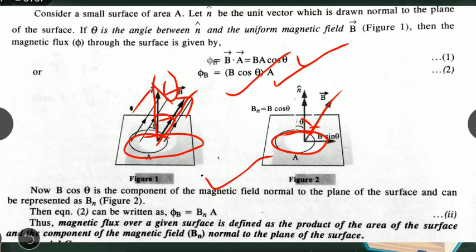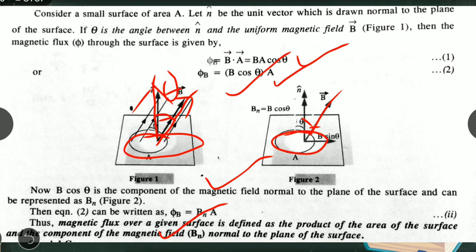So finally, magnetic flux for a given surface is the product of the area of the surface and the component of the magnetic field normal to the plane of the surface.